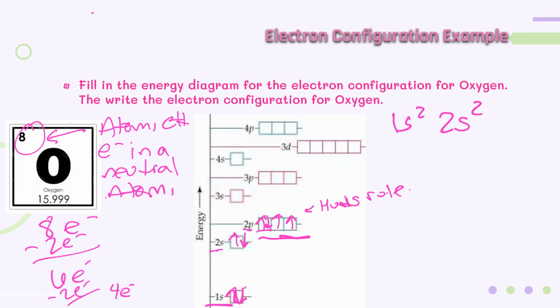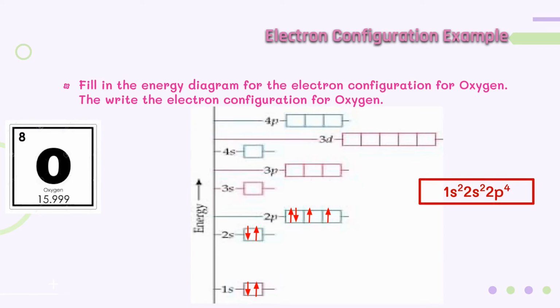Then I look at my 2p, and I have 1, 2, 3, 4 electrons in my 2p orbital. And that's the electron configuration for oxygen. Here is a much neater, completely filled in electron configuration and orbital diagram for oxygen.